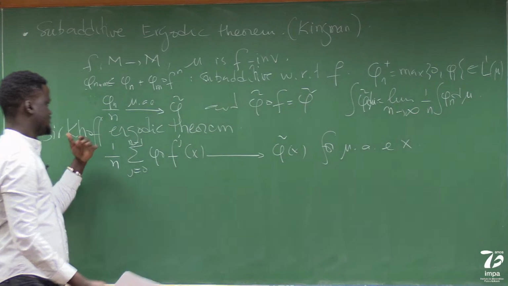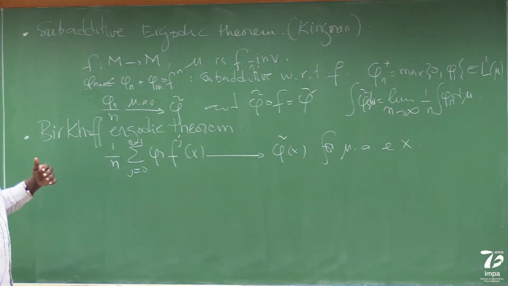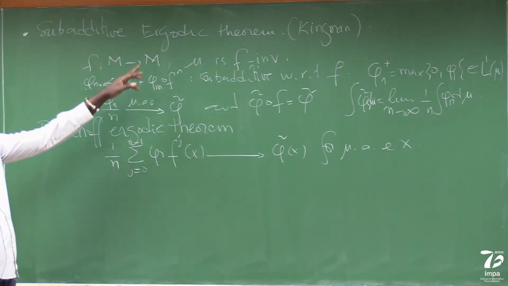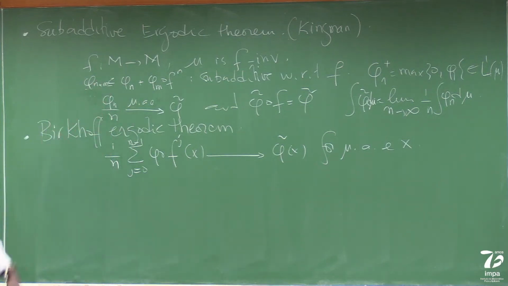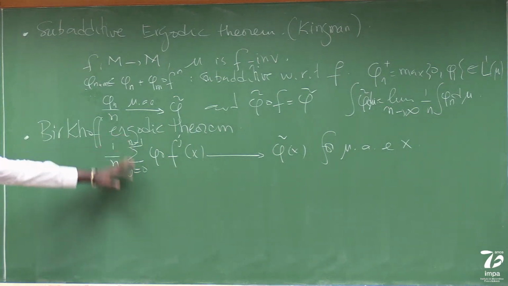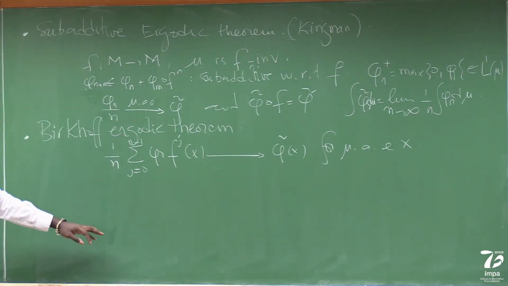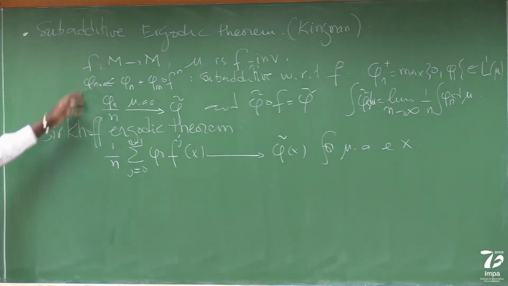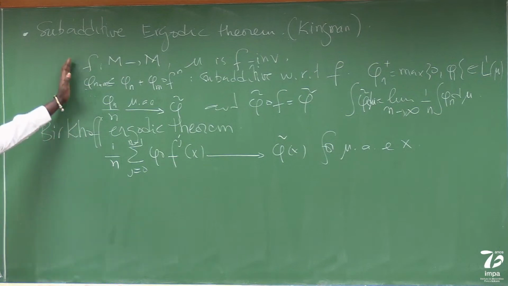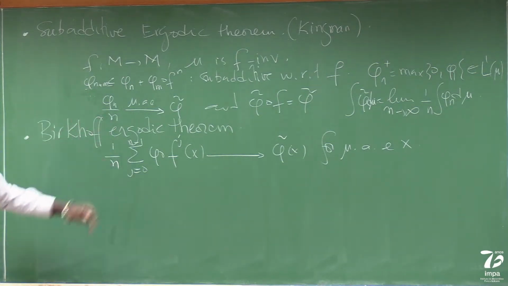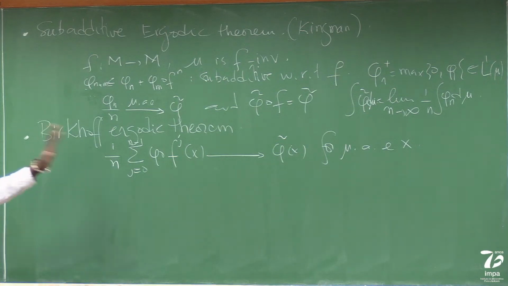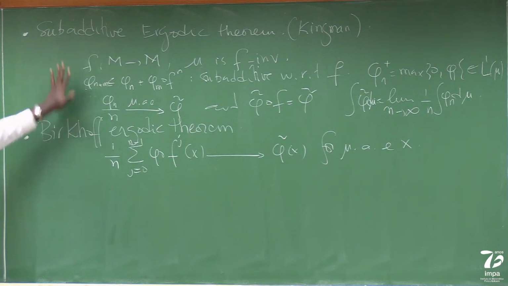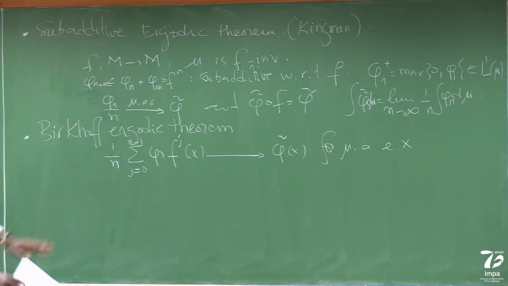So you can see Birkhoff as an application of this Kingman theorem. As I said last time, in the literature you might see a direct proof of Birkhoff, which is similar to the direct proof of Kingman's theorem. You can also see in the literature that the proof of Kingman's theorem uses Birkhoff's theorem. But for this lecture, this is how we do it: we prove Kingman, and then we get Birkhoff from this one.